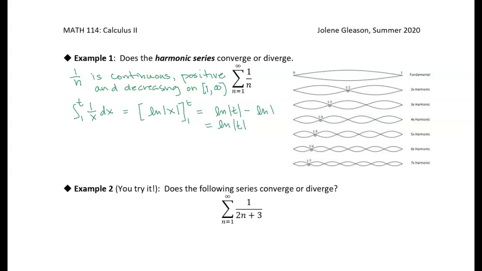Now I actually want the integral from 1 to infinity of 1 over x dx. So that is the limit as t goes to infinity of this result. I prefer to write it this way because then I don't have to write limit as t goes to infinity over and over again. So we're going to do the limit as t goes to infinity of the natural log of t.